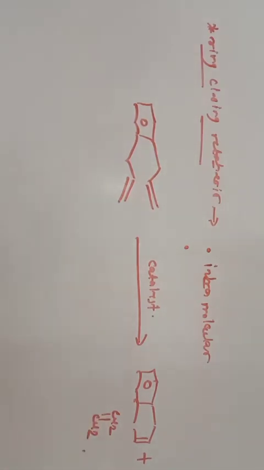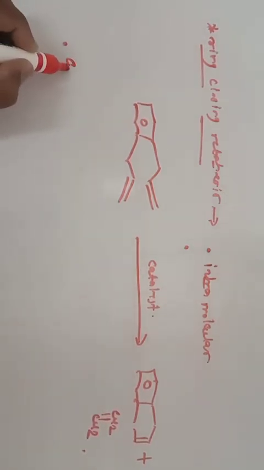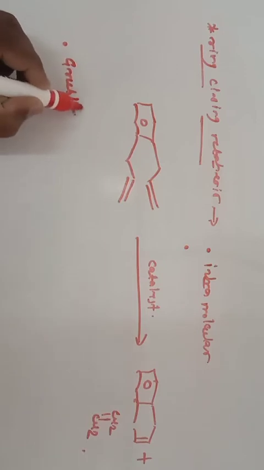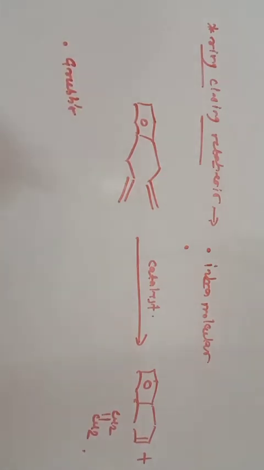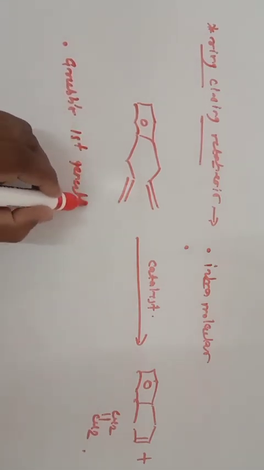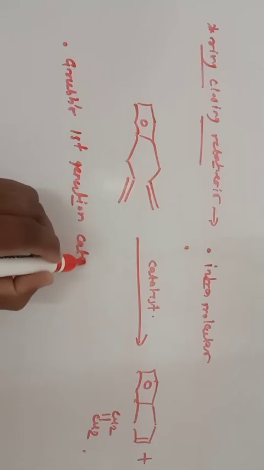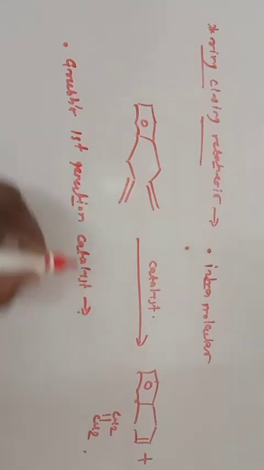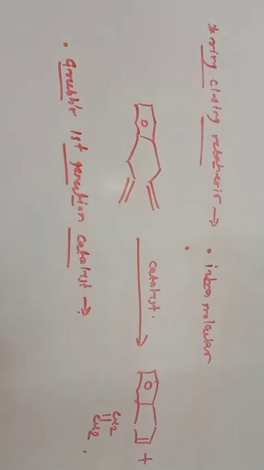For this ring closing metathesis reaction, we require a catalyst, that is Grubbs first generation catalyst.